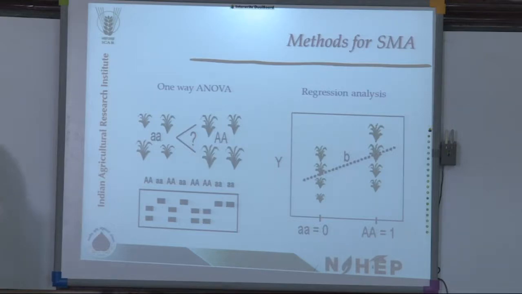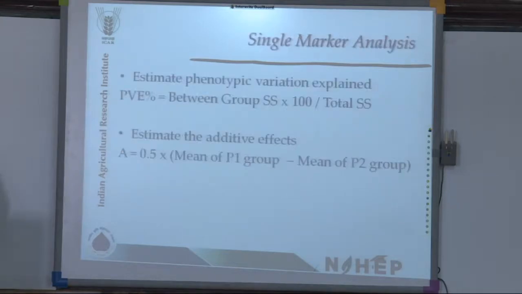You use a single factor analysis of variance, where you say that group 1 is statistically significant from group 2 by doing the variance analysis, and if your variance ratio is higher than the expected value, then you say that they are statistically different. Once that is done, you say that the marker is associated with the trait.